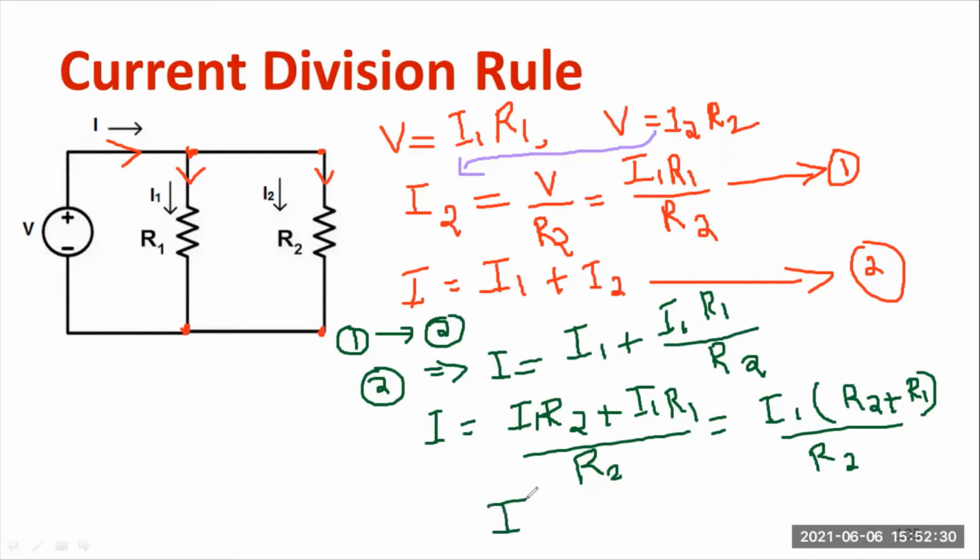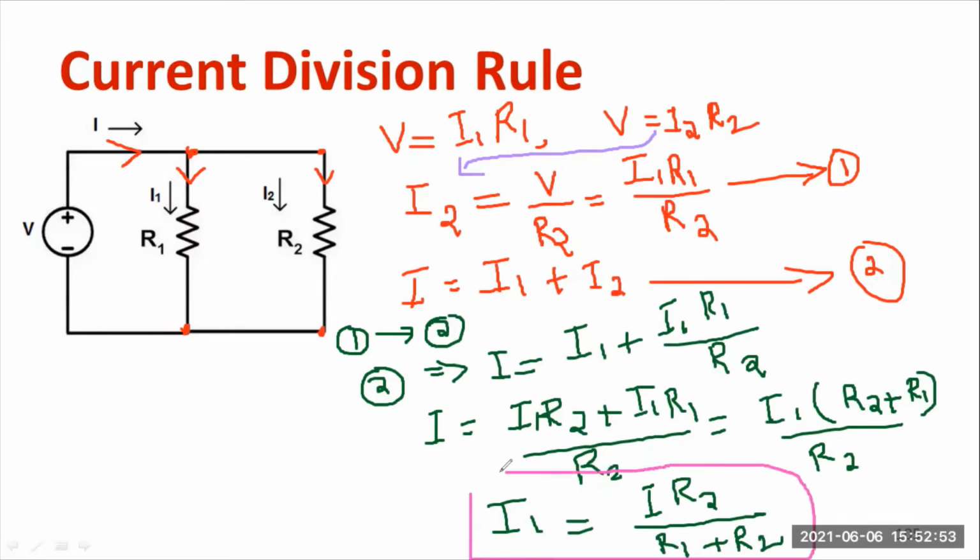From this expression, I1 can be written as total current I into R2 by R2 plus R1, or you can write R1 plus R2. Look at the formula. We have derived the expression. This formula, whatever I have derived, is known as the current division formula. I1 is equal to I into R2 divided by R1 plus R2. This formula is known as the current division formula.